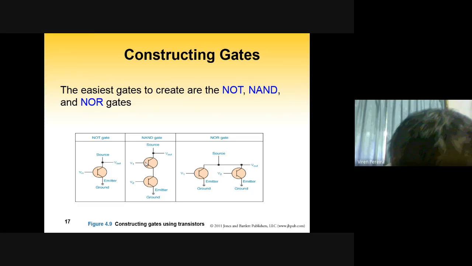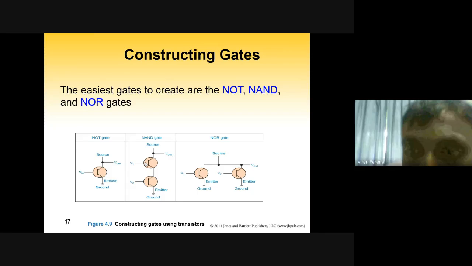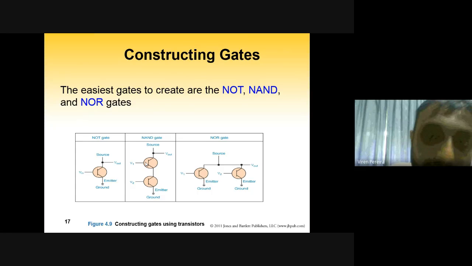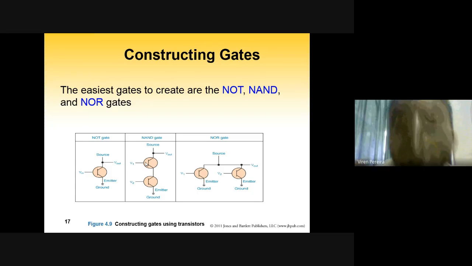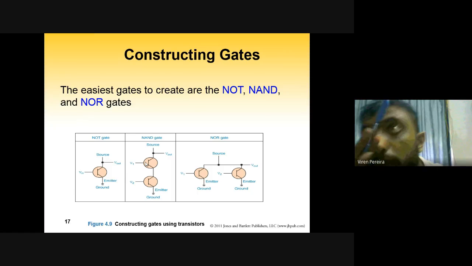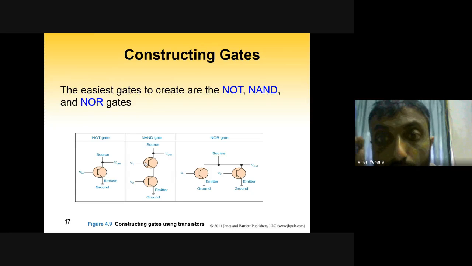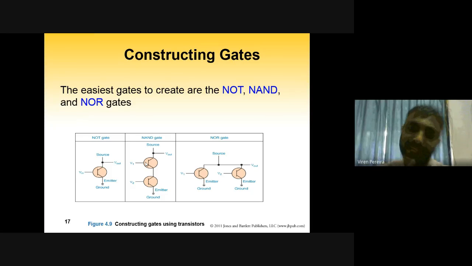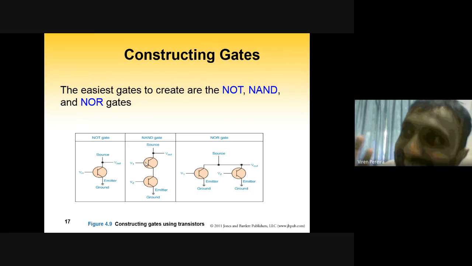So your source is shorting your emitter to the ground, and if your source voltage is 5, your 5 volts is diverted to the ground. So what is your V out? 0. Correct. So 0 plus 1 is 1, but it is an inversion because it's a NOR gate, so that will be basically 0. Till here, everyone understood?